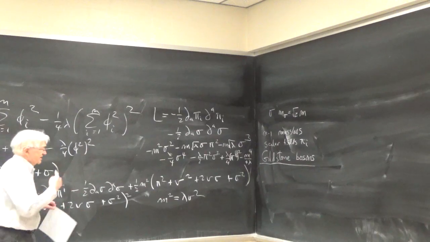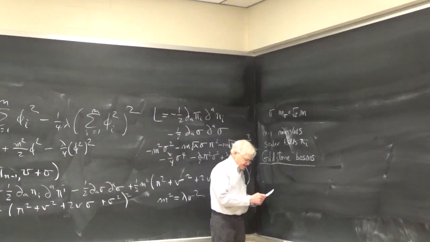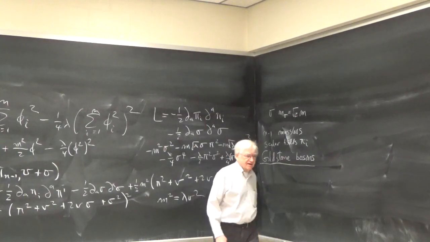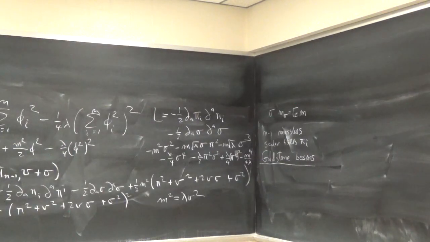This was a theorem that Goldstone discovered and proved, and then Goldstone and Weinberg and somebody else, it might have been Glashow, wrote a paper in which they proved Goldstone's theorem three different ways.